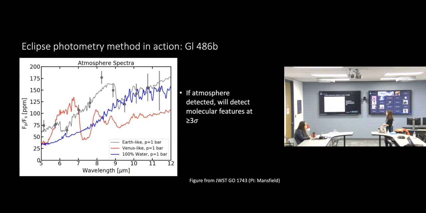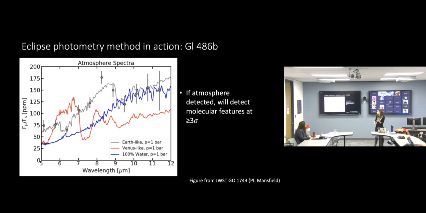Yeah, so actually that gray line on this plot is a 1 bar Earth-like atmosphere plopped on GJ 486b. So that's what it would look like. You're able to distinguish it from a planet with no atmosphere in the photometry sense.